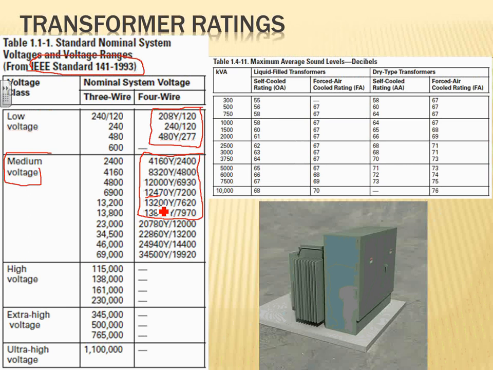These are the levels they use to feed things. If you have a medium voltage feeder coming to your building or transformer, you're most likely looking at one of these voltages. I don't know if you deal with anything higher than 13.8. Typically not, though you can. Then you get into the utility type, 22 and 24 or 25 or 35. So that's your medium voltage. That's where most of our world in construction stops, at the medium voltage level.